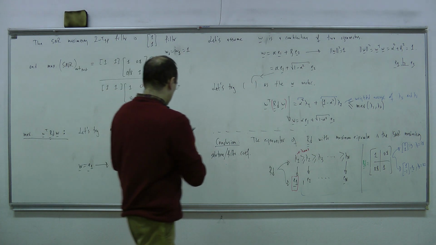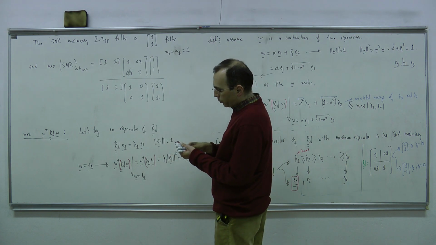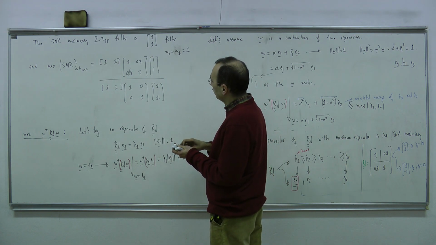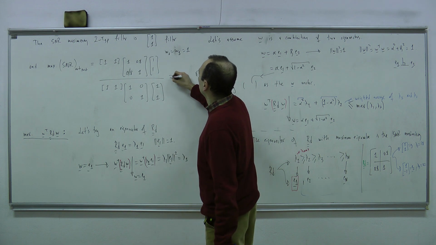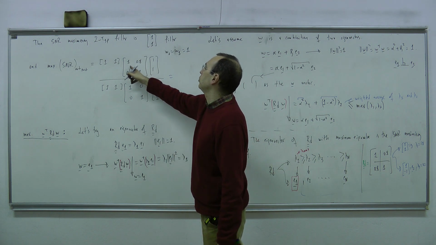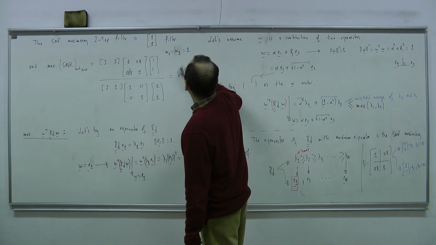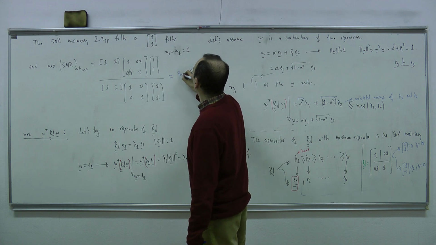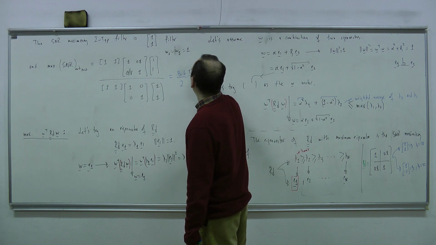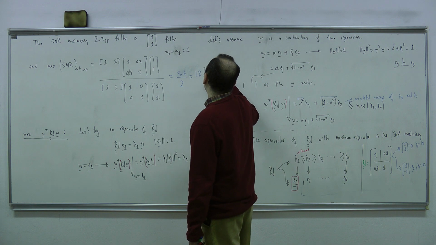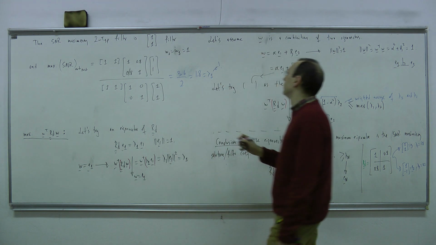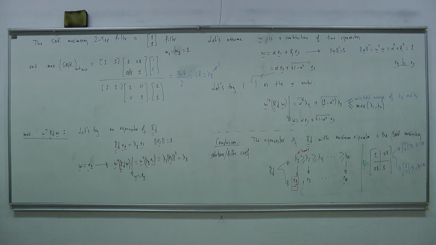So I get what? I'm summing up all of these entries. 2 times 1.8, or let me write 3.6, it's less confusing. 3.6 divided by 2 is 1.8, and this is lambda 1.